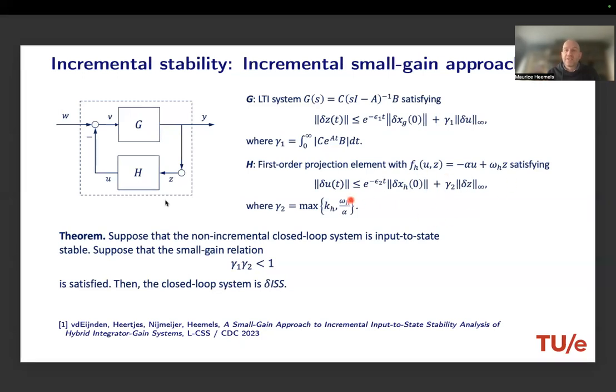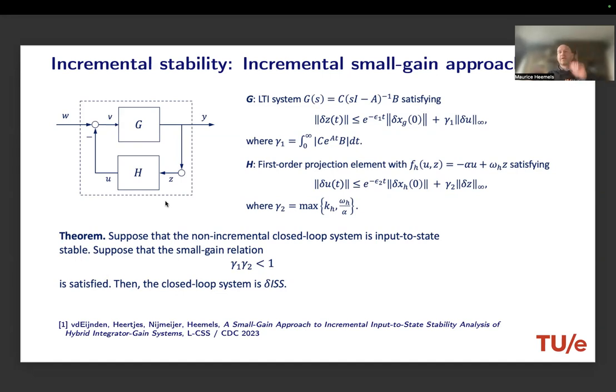And we can explicitly, and actually quite tightly, compute in this case the incremental ISS gain, both for the linear part and for the Higgs, or the FOPE, the first order projection element part. And then of course, if you assume that the non-incremental system is input to state stable, with boundedness of trajectories, plus we have the incremental small gain condition, we can prove that the interconnection is incrementally input to state stable.